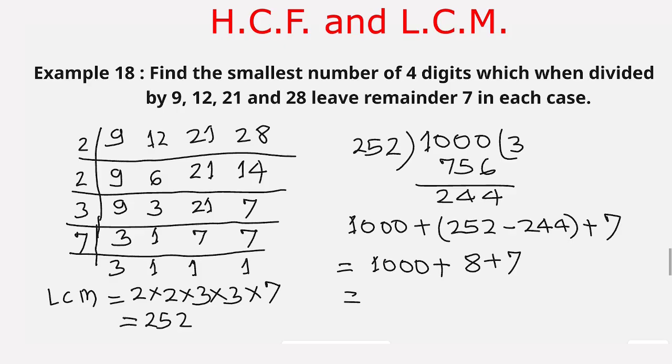This is equal to 8 plus 7 is 15, plus 1000 is 1015. And this is our answer. It means that the 4-digit smallest number which when divided by 9, 12, 21 and 28 leaves remainder 7 is 1015. I hope you have understood the method of solving such type of questions.